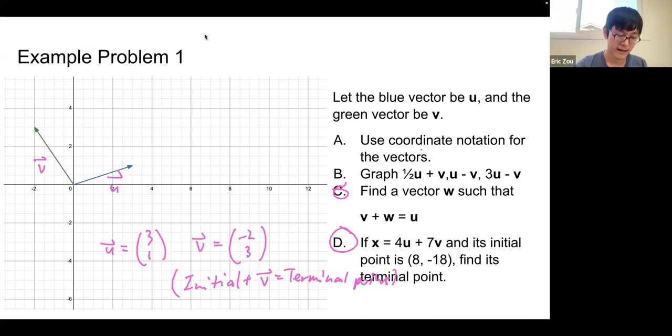All right, pull someone random for the other part. Okay, Elaine, what's the answer for part D?